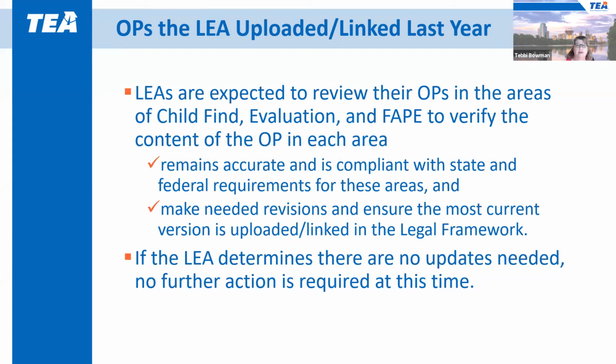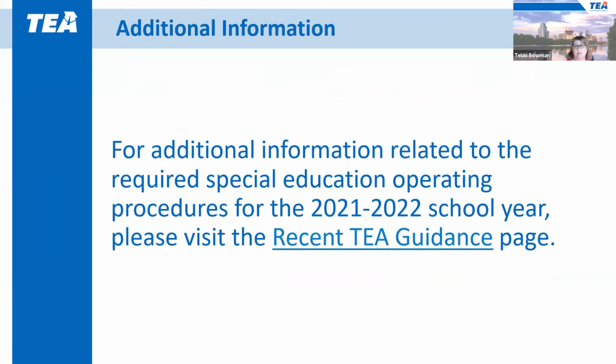If the LEA determines that there are no updates needed, then no further action is required. For additional information related to the required special education operating procedures for the 2021-2022 school year, please visit the recent TEA guidance page.